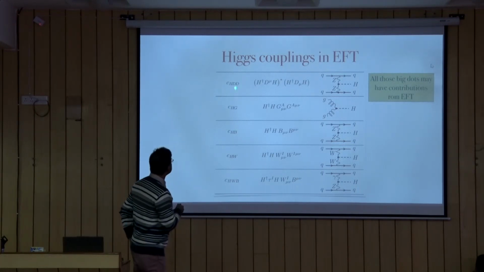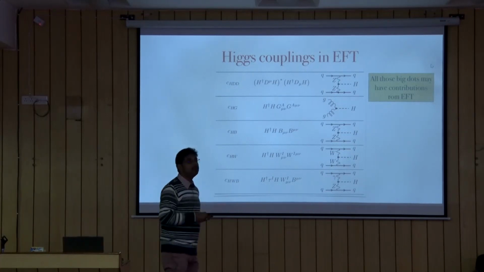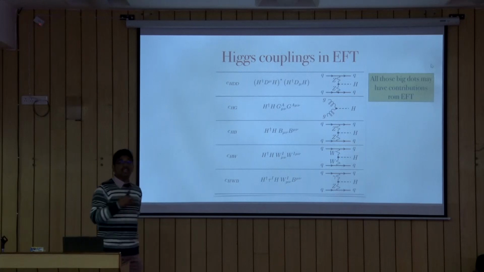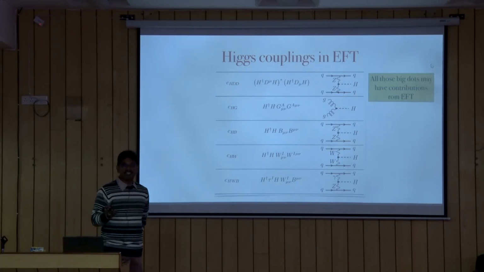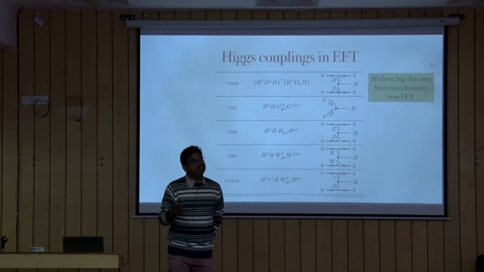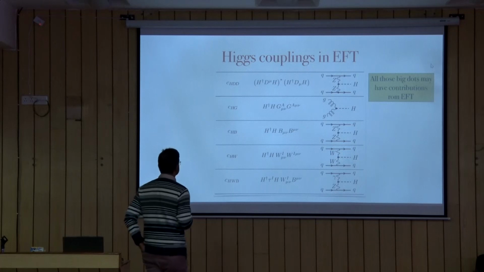So therefore, the presence of these dimension 6 operators will give you an additional contribution to the ZZ Higgs coupling. And so if you have any ifs and buts in the measurements of the Z Higgs coupling, you might think there is a contribution coming from these dimension 6 operators.